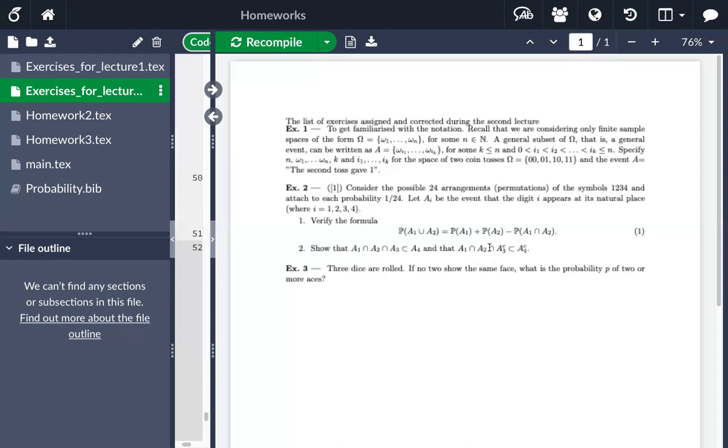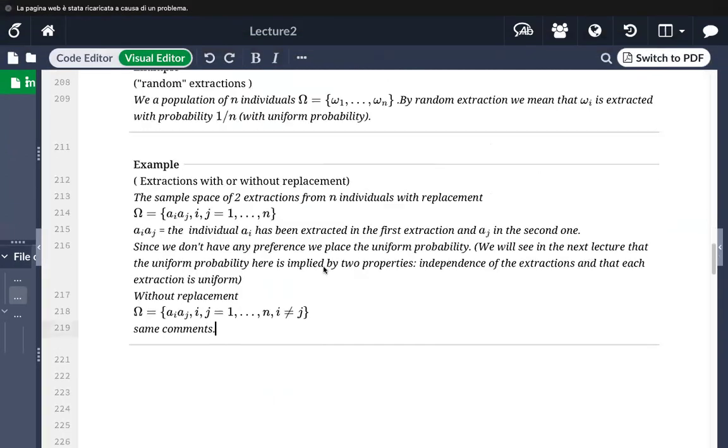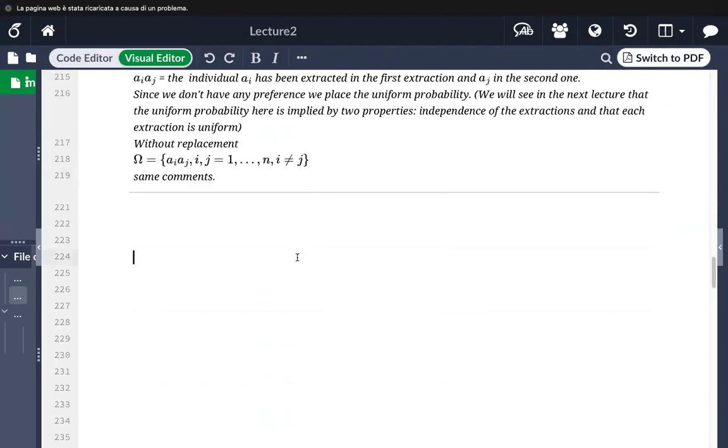So let me go back to the lecture. So, first, simply to fix the ideas, let's fix some omega.